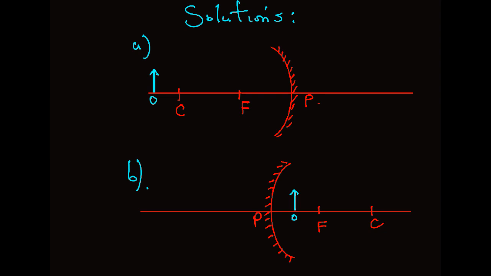So we need to locate the image of the object O that is positioned beyond C in a concave mirror. In order to do this, we need at least a pair of the rays that we had discussed earlier.